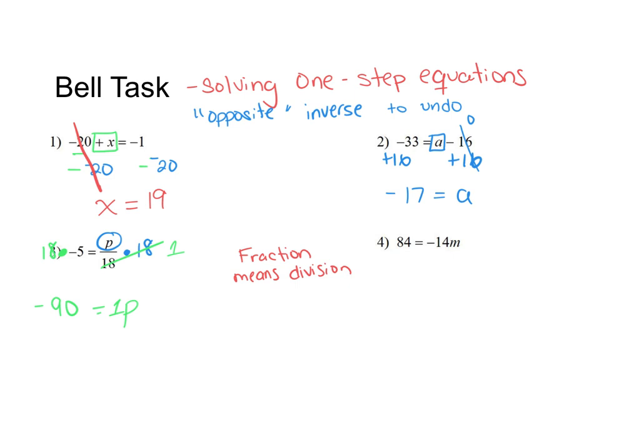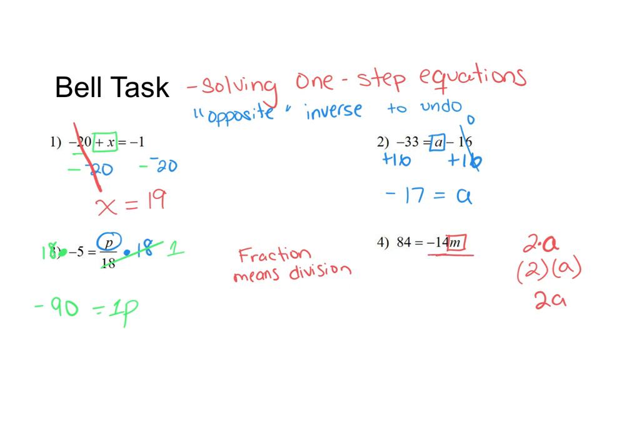For problem 4, we are multiplying m with negative 14. I know this because a number next to a letter means multiplication. So I can represent multiplication with a dot, with parentheses, or just by simply writing a number and a letter next to each other. The opposite of multiplication is division, so I will divide using my fraction bar.